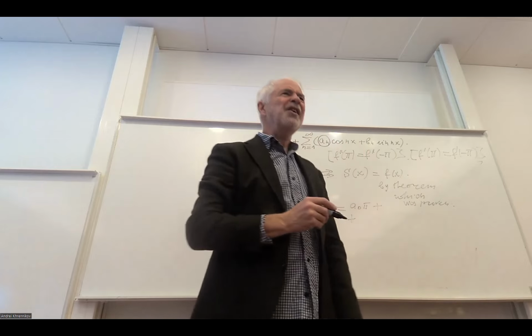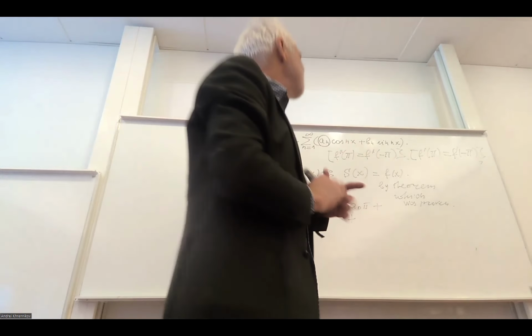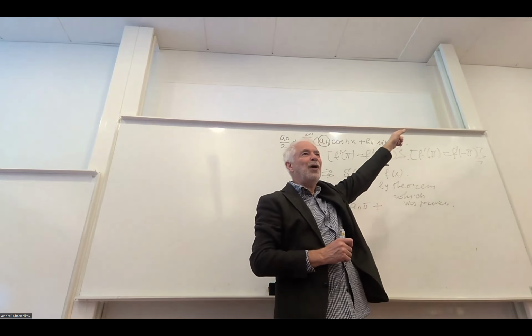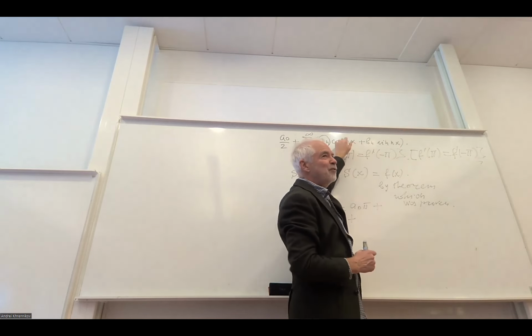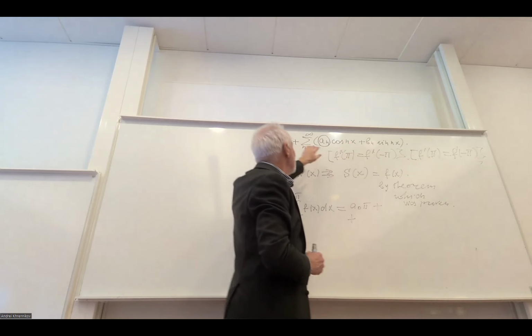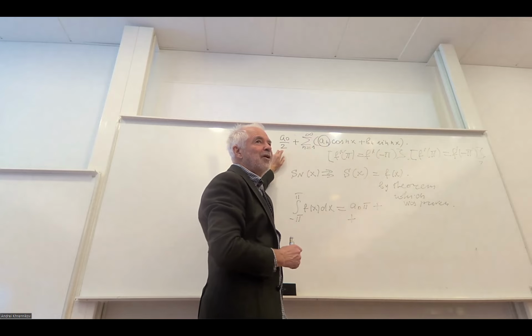It's meaningless to integrate this series. Why is it meaningless to integrate the Fourier series from minus pi to pi? Because all these terms will give us 0. If I integrate the Fourier series, the only thing which gives me a contribution is this term.